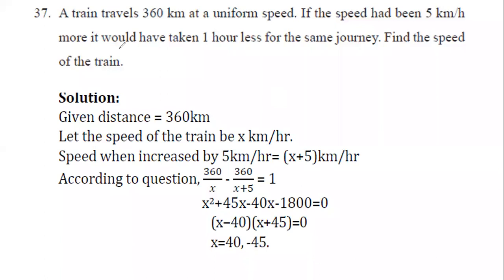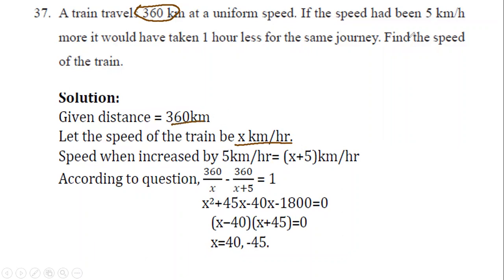A train travels 360 km at a uniform speed. I don't know the speed. Let us consider the speed of the train is x km per hour and the total distance is 360 km.